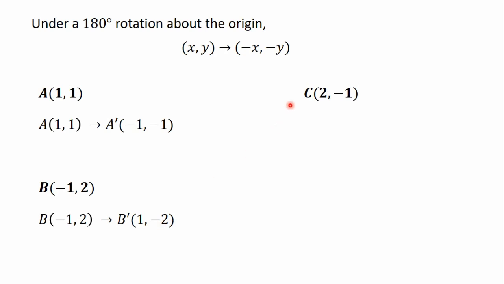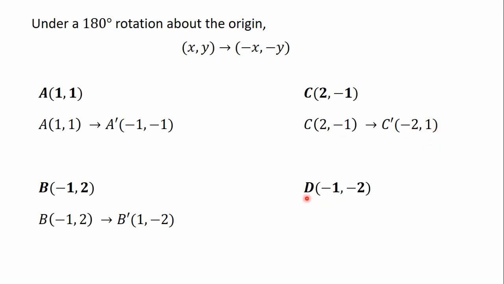The next one is point C with coordinates (2, -1). The transformation is (x, y) gives us (-x, -y). So point C will give us C' with coordinates (-2, 1). So we negate 2, we get -2. We negate -1, and that will give us plus 1. So we have (-2, 1).